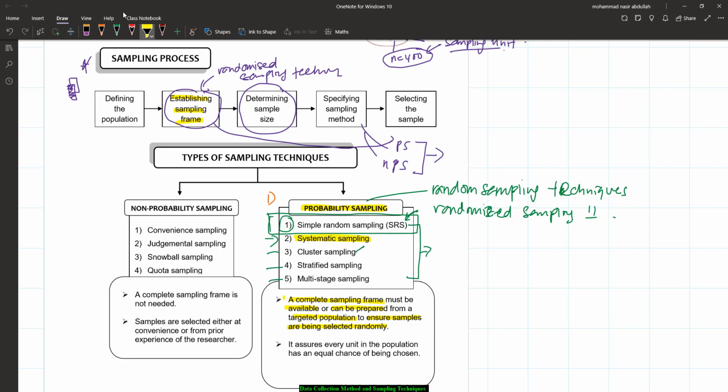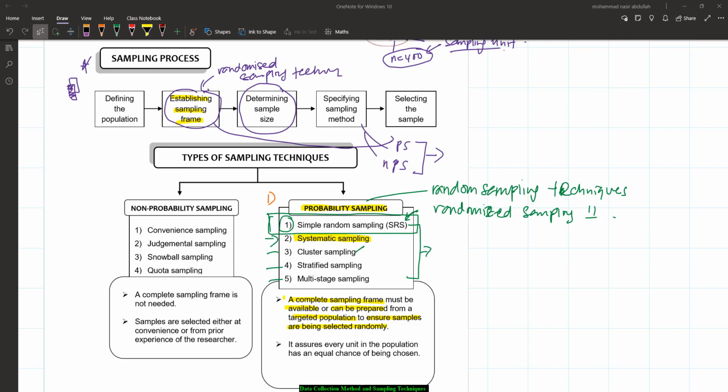In systematic sampling techniques, sometimes it does not require a full list of the sampling frame. So is it hard to get a sampling frame? Yes, it is very hard to get a sampling frame when you have a very large population. For example, let's say you want to study knowledge, attitude and practice on dengue fever prevention among residents of Perak Tengah District, one of the districts in Perak. The population in Perak Tengah might be 100,000 or 200,000, right?